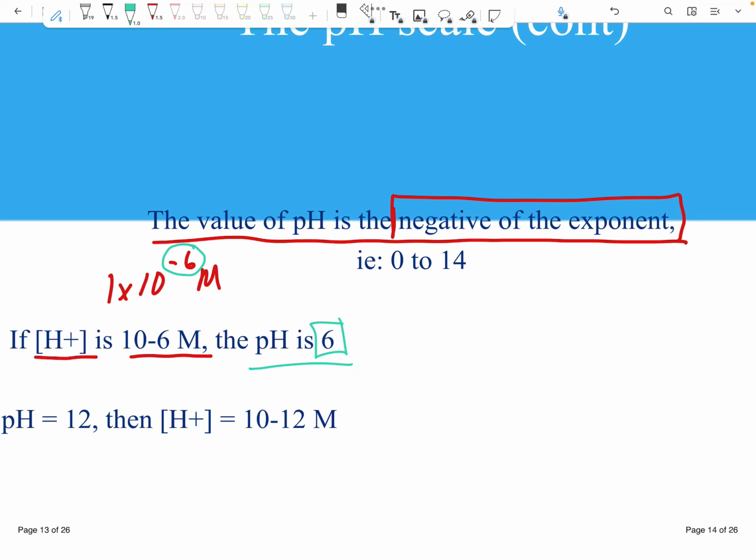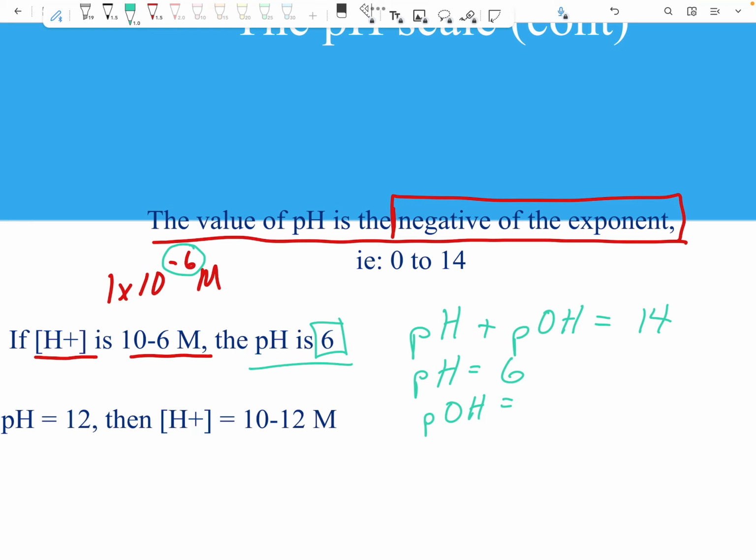One thing's for sure, pH plus pOH has to equal a total of 14. So if the pH of a solution equals 6, then the pOH of a solution is going to equal 8, because when they add them together, they have to add up to 14.